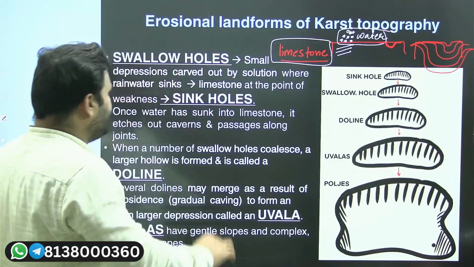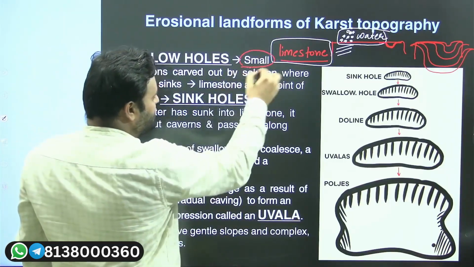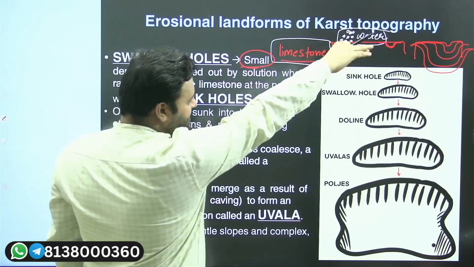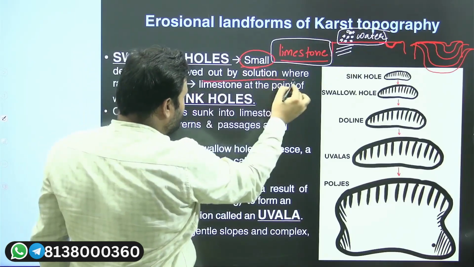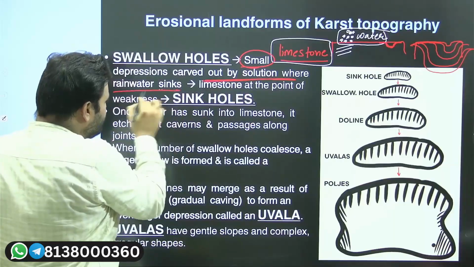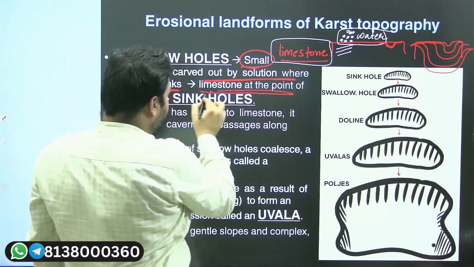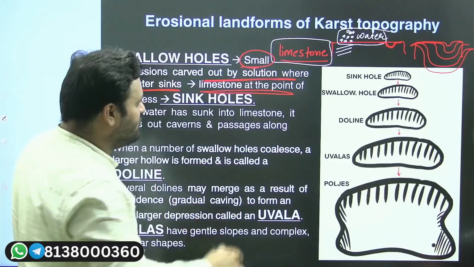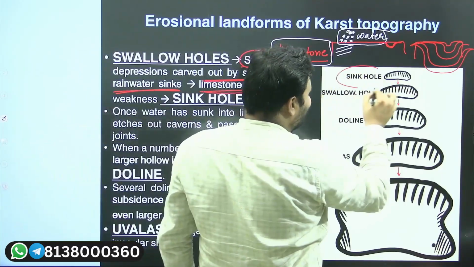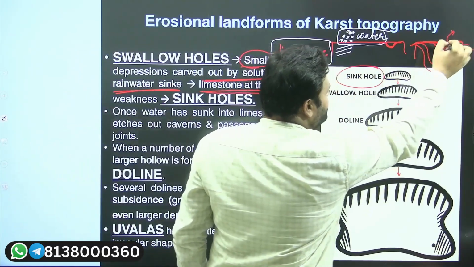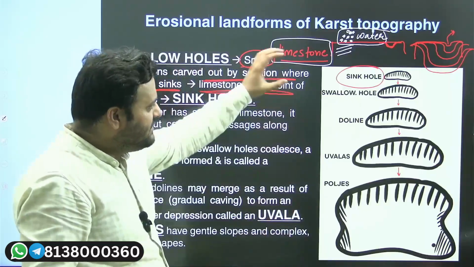So whenever we have a small depression which is formed as a result of this solution, where the rainwater is there and we have limestone at the top, there will be a formation of a sinkhole. So this depression is a sinkhole. First of all, there will be a sinkhole.